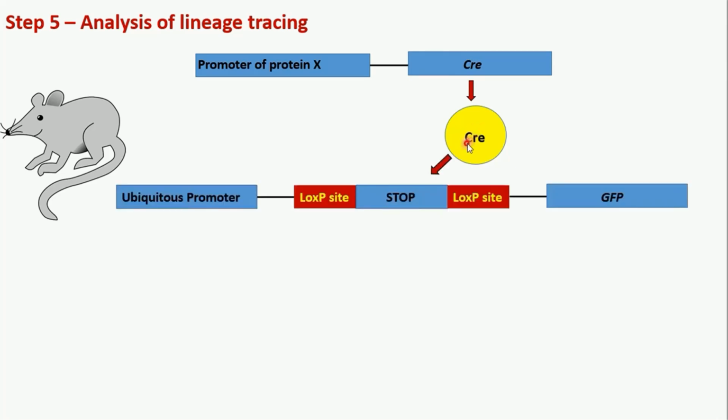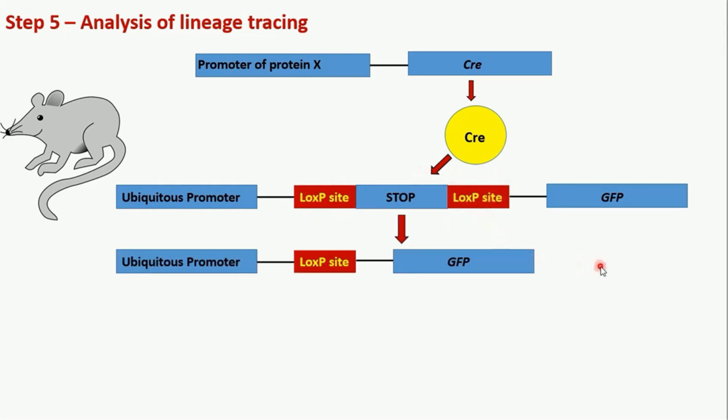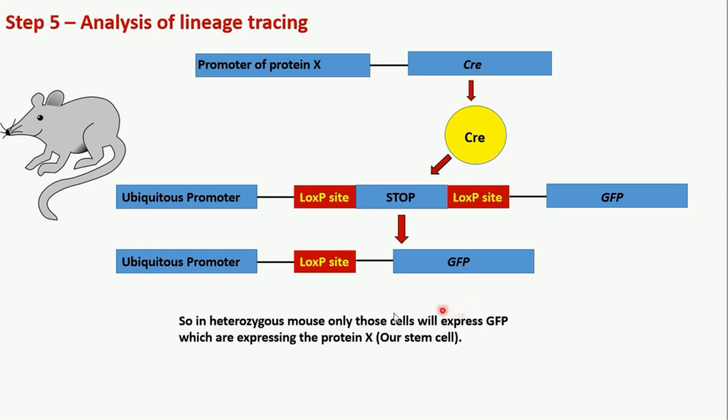This Cre will recognize the LoxP sites and remove the stop sequence. Once the stop sequence is removed, GFP will start expressing. So in the heterozygous mouse, only those cells which express protein X will express GFP, and that is our stem cell.